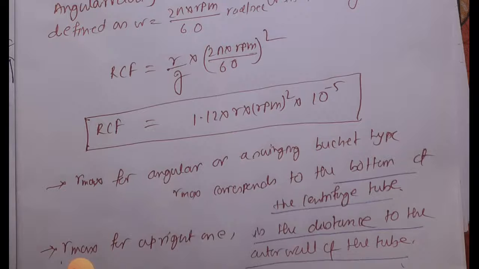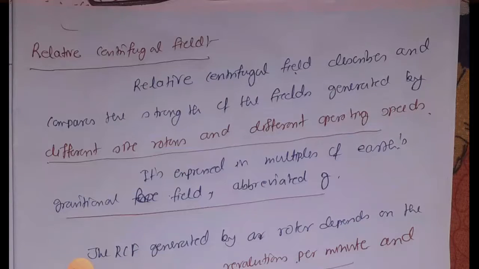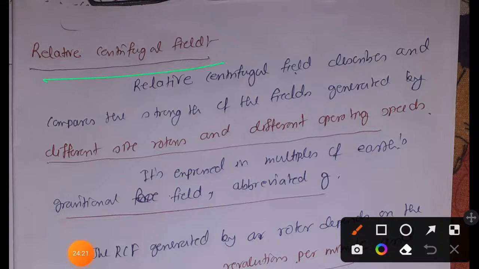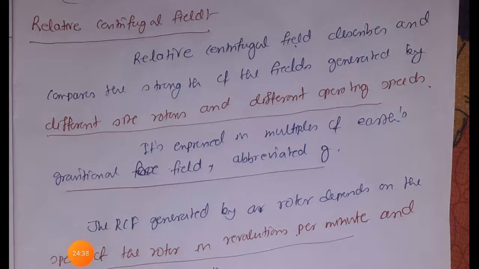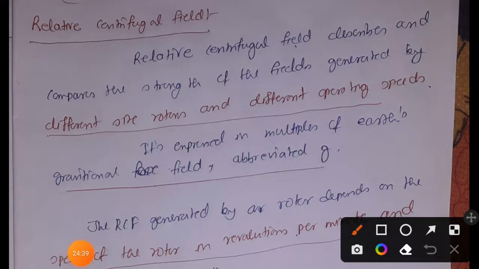What is the requirement of Rmax? What do we mean by relative centrifugal field? Relative centrifugal field compares the strength of the field generated by different size of rotor and different operating speed at which we are operating our system.